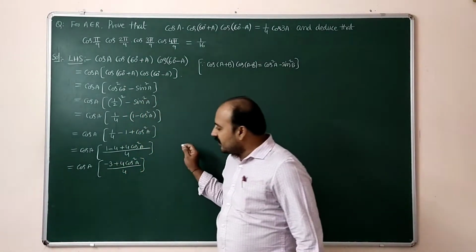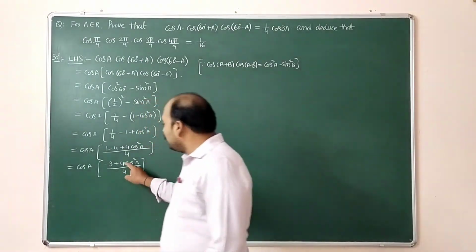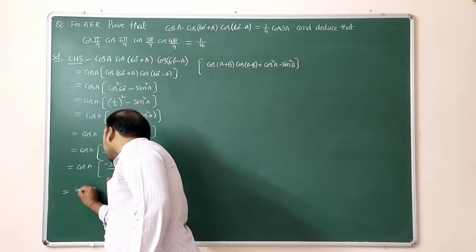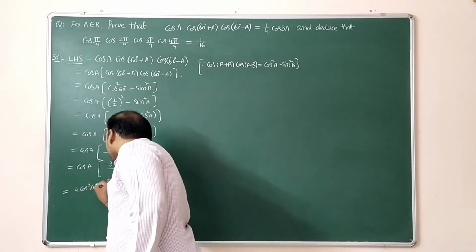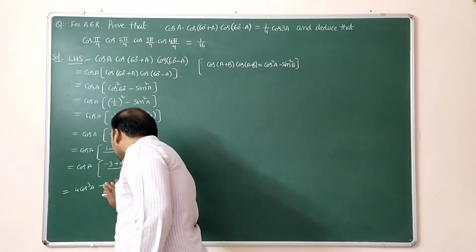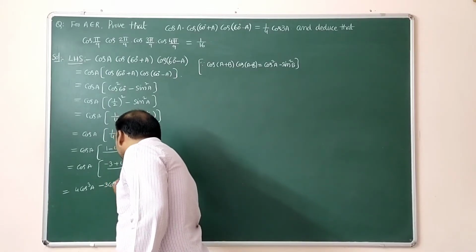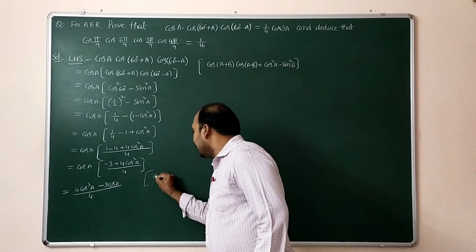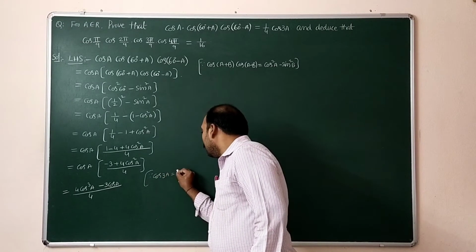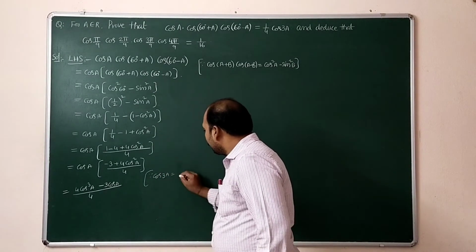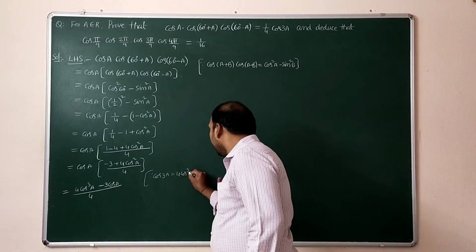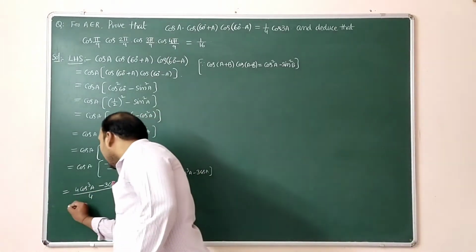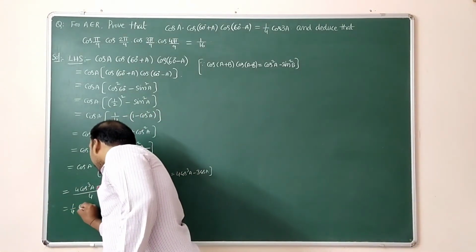Each and every term of the numerator multiplying by cos A, and first you write the positive term. So it becomes 4 cos square A into cos A is 4 cos cube A, minus 3 into cos A is minus 3 cos A, divided by 4. We know that the formula for cos 3A is 4 cos cube A minus 3 cos A. So the numerator value becomes 1 by 4 into cos 3A.